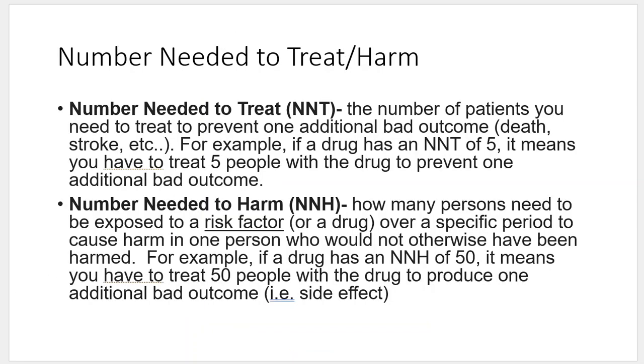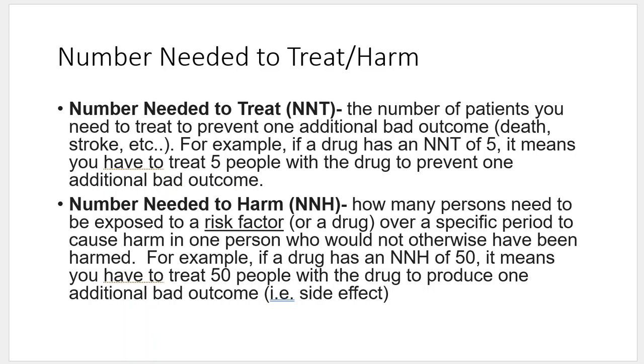Now, from the effect size, we get an even more important variable, the number needed to treat or harm. The number needed to treat is the number of patients that you need to treat to prevent one additional bad outcome. So if the drug has an NNT of 5, it means you have to treat 5 people to prevent one bad outcome.